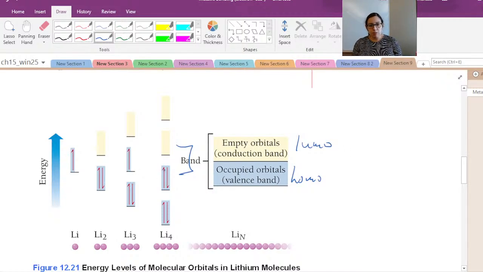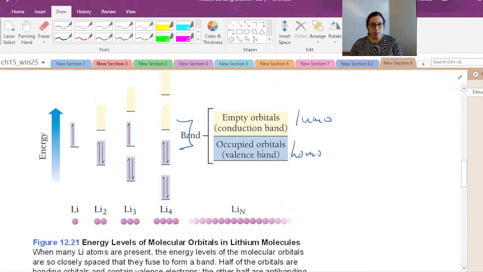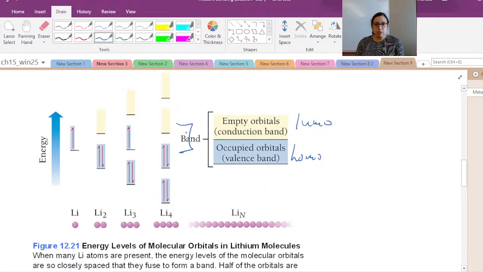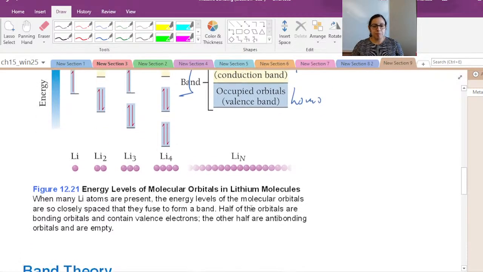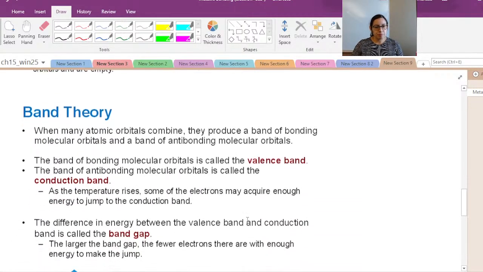For these middle ones, I actually don't like your book's representation. It's honestly so simple that you're going to miss stuff. But basically, if this HOMO-LUMO gap is relatively small enough, our electrons can pass through, and yay, that's why it's an electrical conductor.